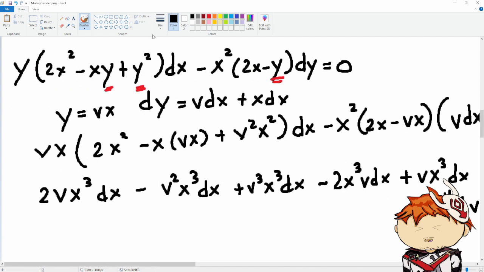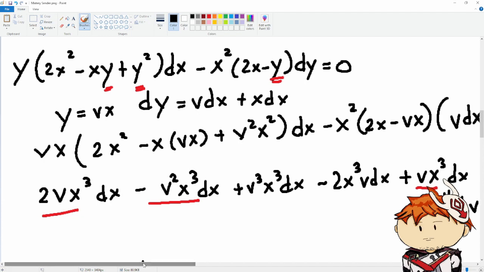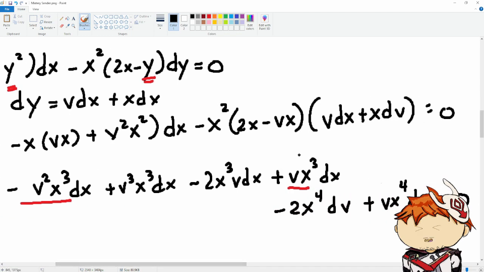I'm going to double check. Let's solve. 2vx cubed, vx cubed, so let's cancel that. There's no v squared x cubed. Wait, this should be v squared x cubed, right? Because this is v, this is v, right?